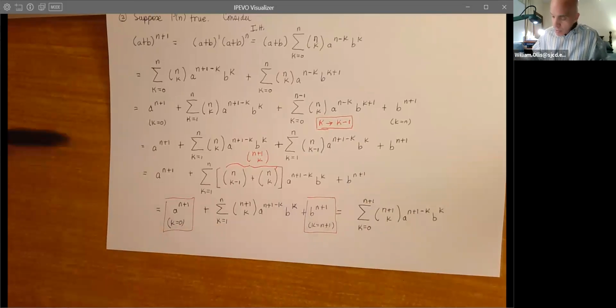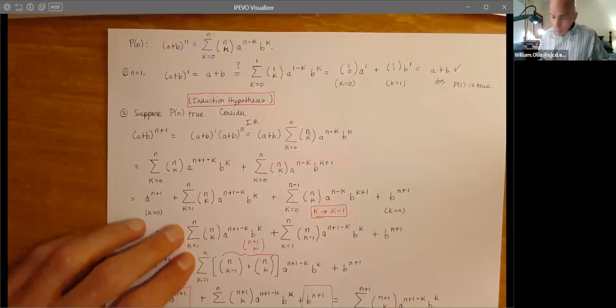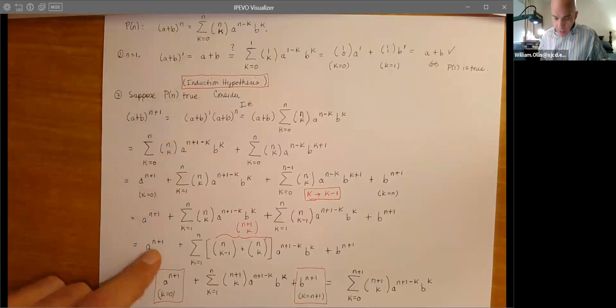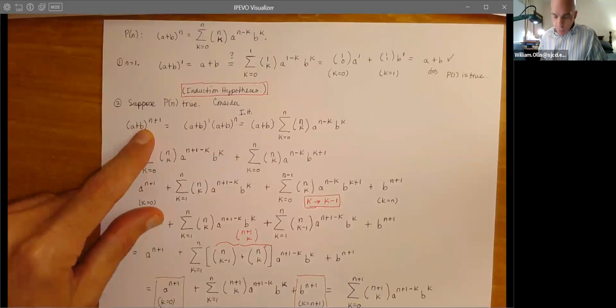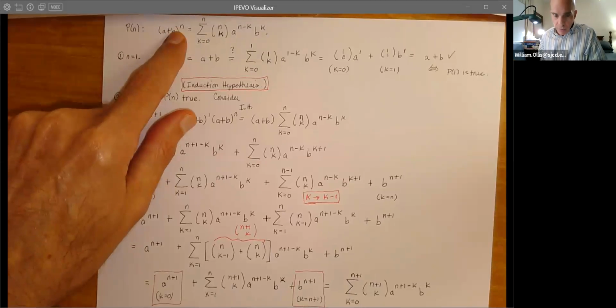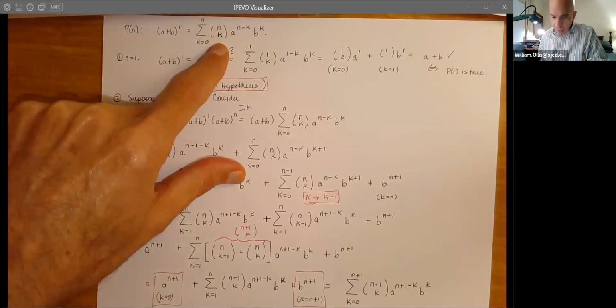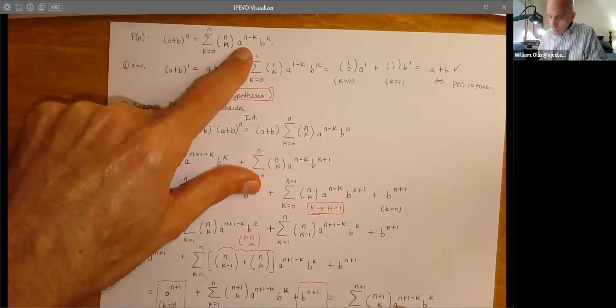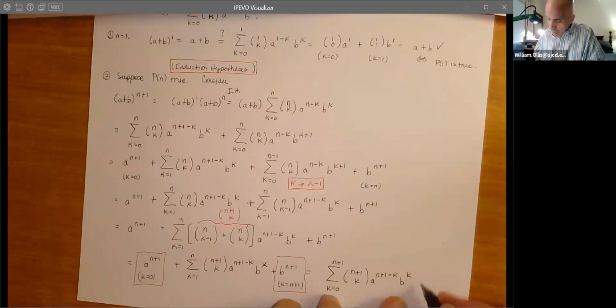And so now notice, this is our formula when we compare where n has been replaced with n plus 1. So P of n plus 1 is true.